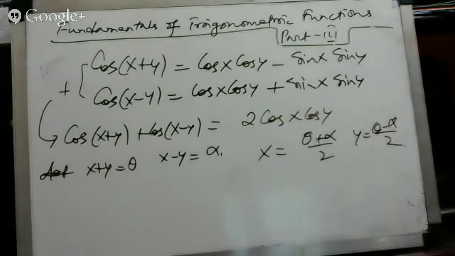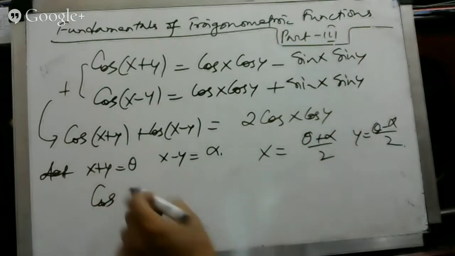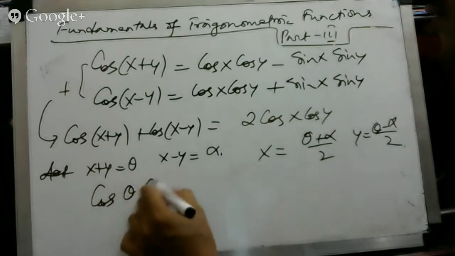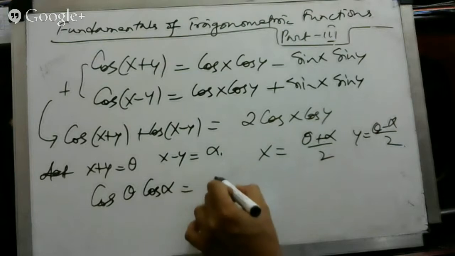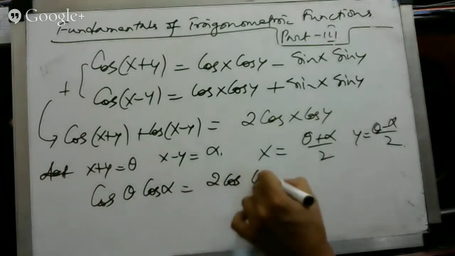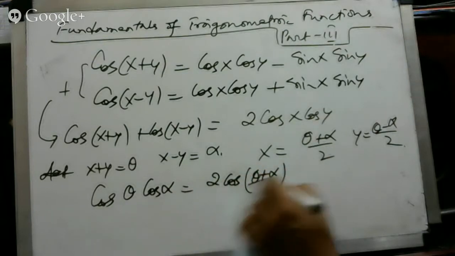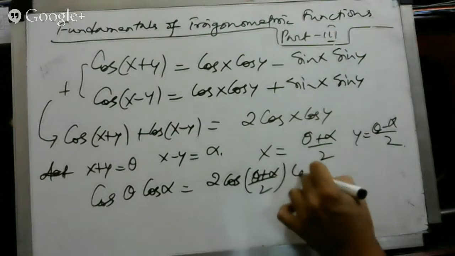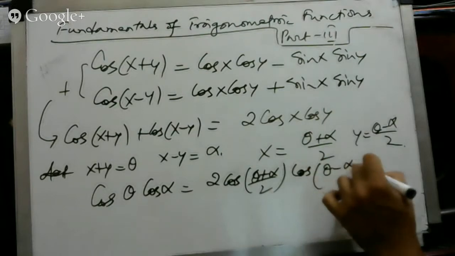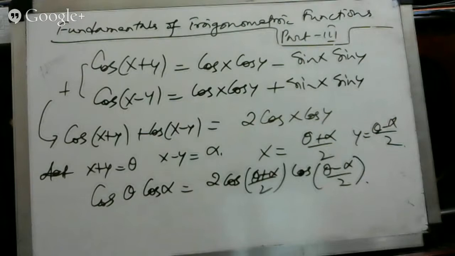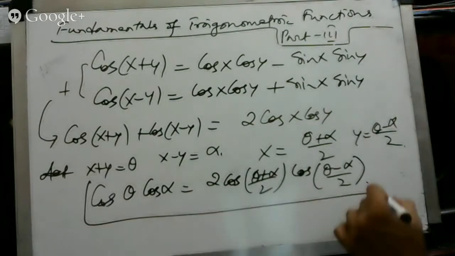So if we replace this over here, it becomes cos theta plus cos alpha is equal to 2 cos of theta plus alpha over 2 cos of theta minus alpha over 2. So this is the formula.